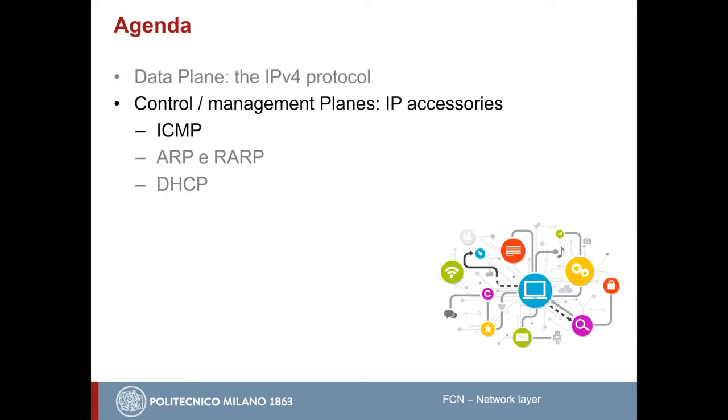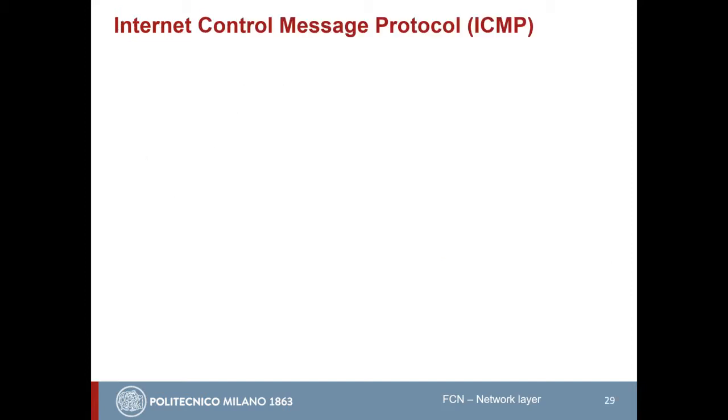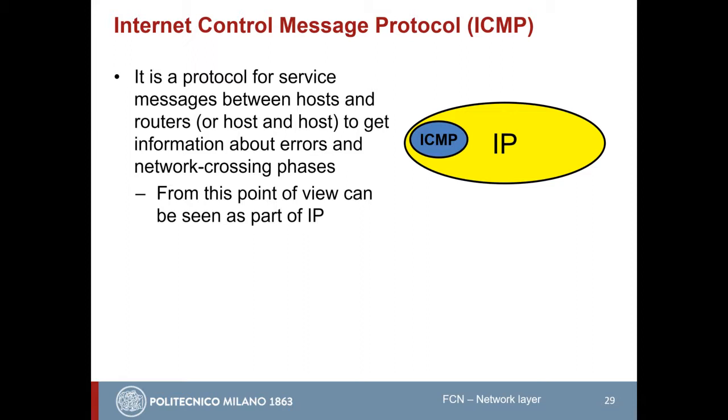So let's talk about ICMP. We don't go into the details of all the possible messages that are used with this protocol, but just the most important ones. So ICMP is a protocol to carry messages, usually between routers and hosts, or host and host, and sometimes also from router to router, but this is not very common.